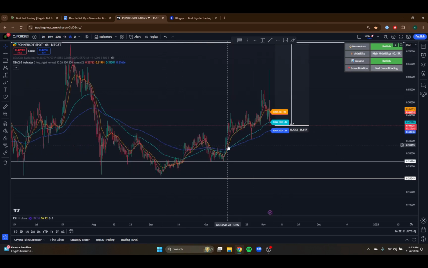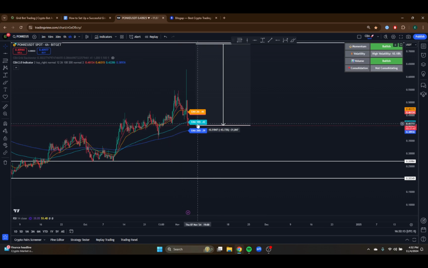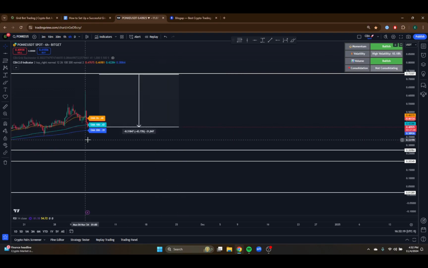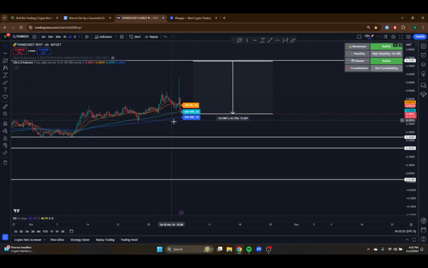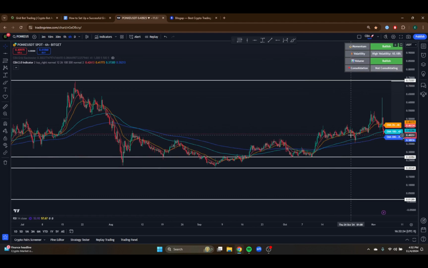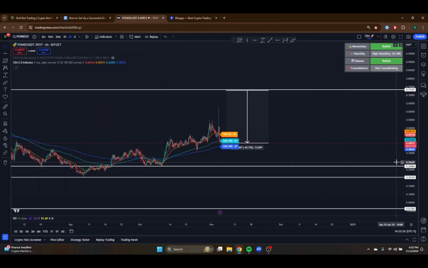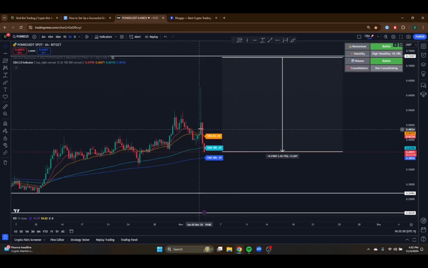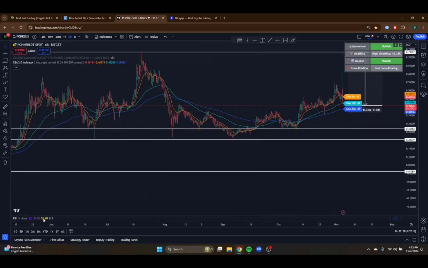So yes, the EMAs are close to each other, that is a great sign. But one of the things I don't like is that it's far from an important support level. Also, if we take a closer look at the candles, we can see there are massive red candles, which usually is a sign of huge drop-downs in the market. So I'm just gonna skip this one and go for another one.